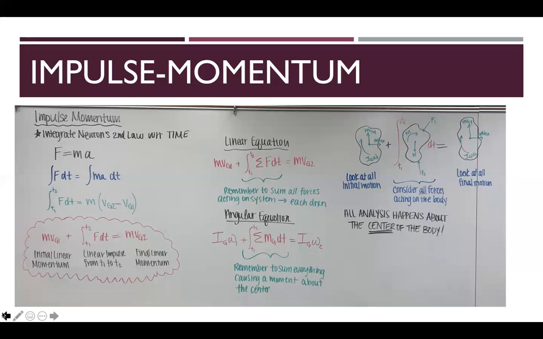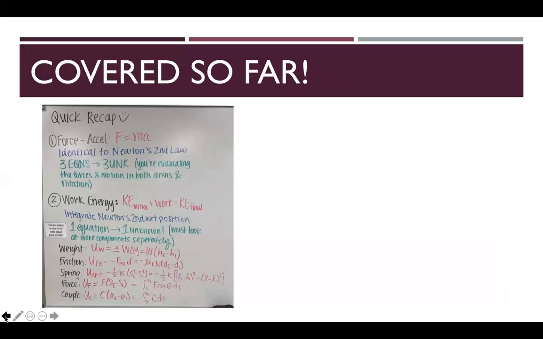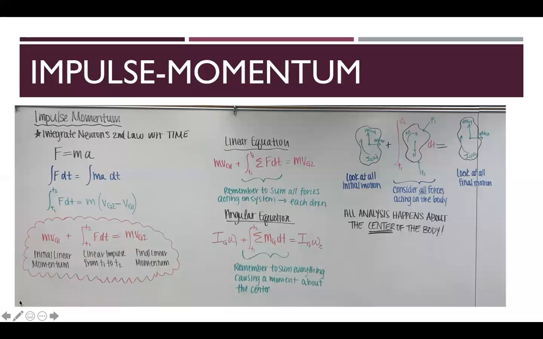Oh, one thing I also wanted to cover in this video is how to decide which method to use, right? So force-acceleration is if you're given anything about acceleration, because you're not really using acceleration anywhere else. Work energy and impulse momentum both use velocities, because this is 1/2 mv squared, and this is mass times velocity.